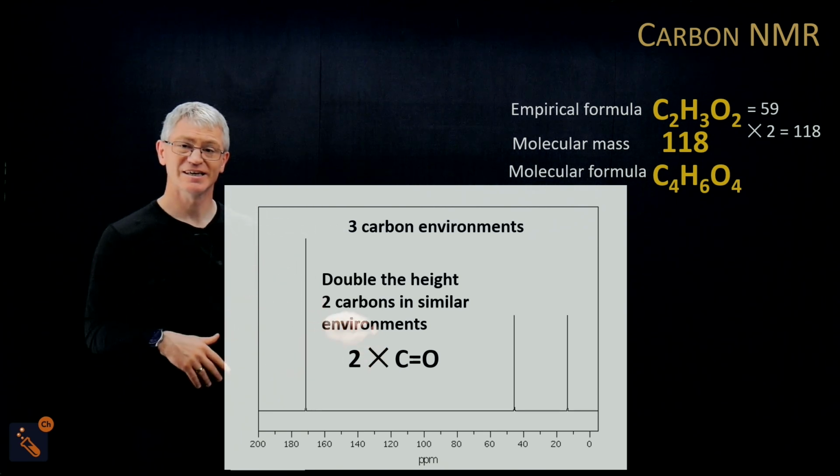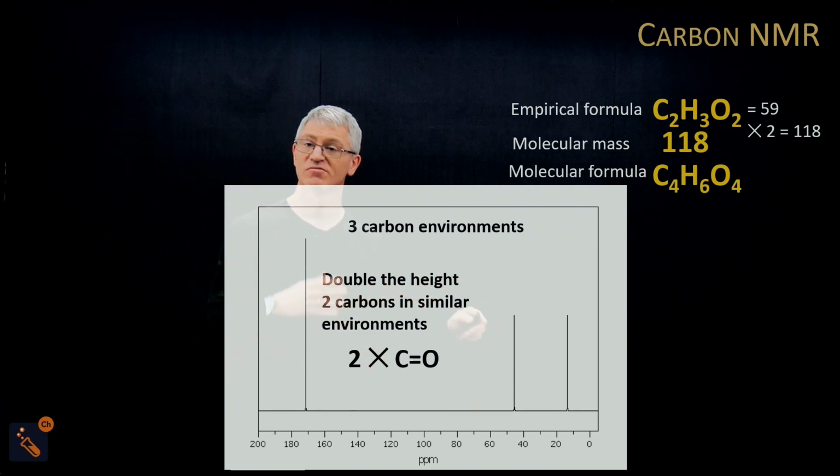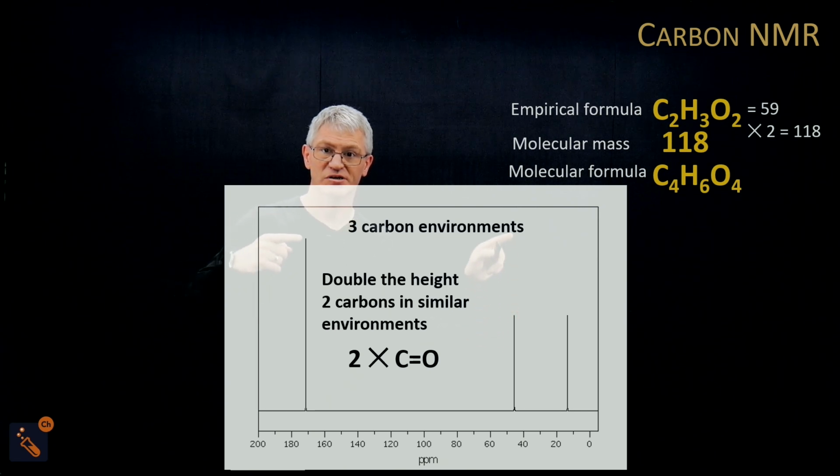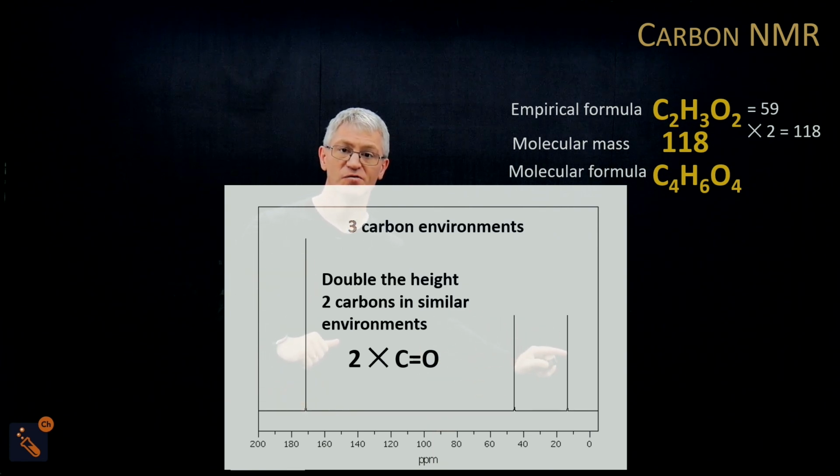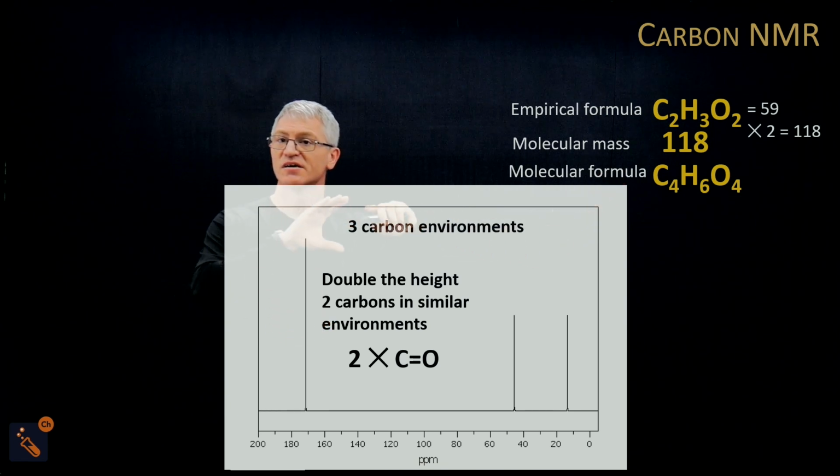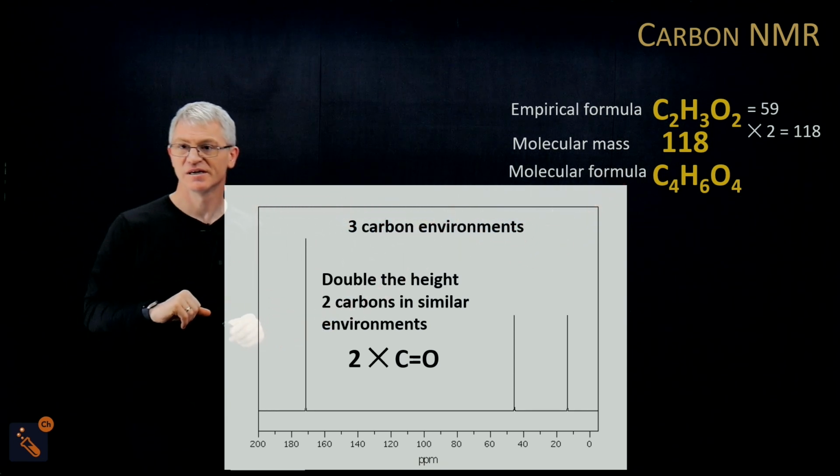Which means each line and the height of it refers to 1 carbon usually. So the height up to here is 1 carbon. If I go up to here, which is double the height, that must be 2 carbons. 1, 2, 3, 4 carbons, so it matches, and 3 carbon environments.